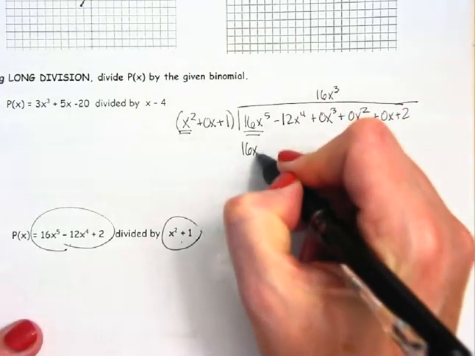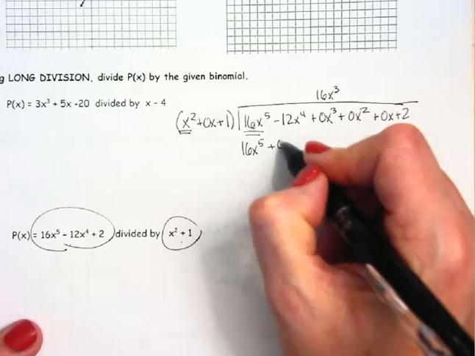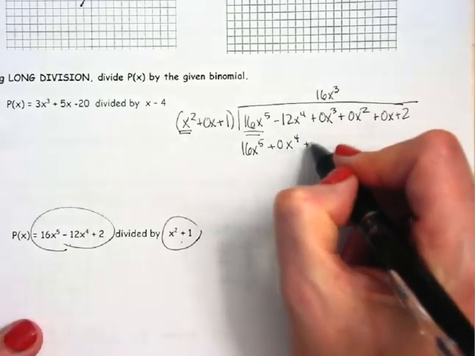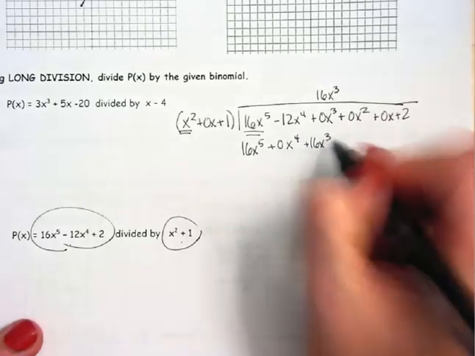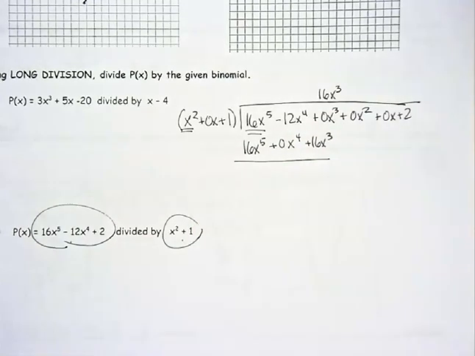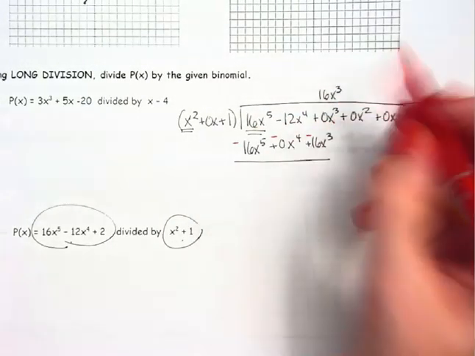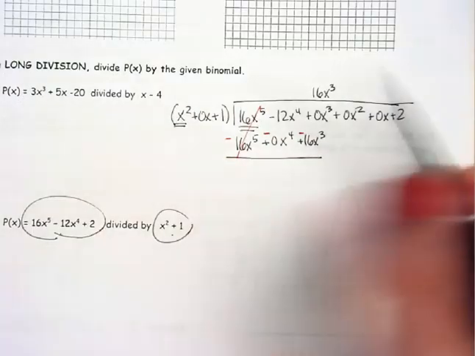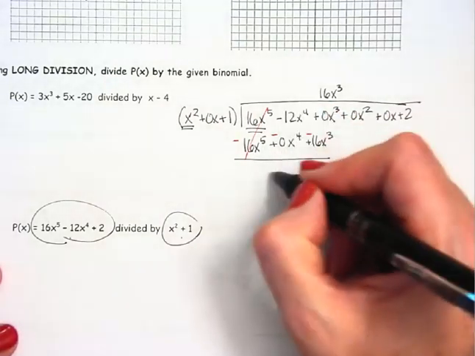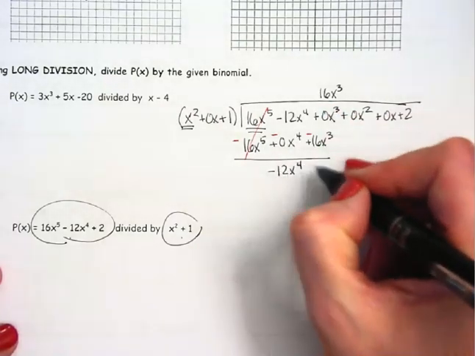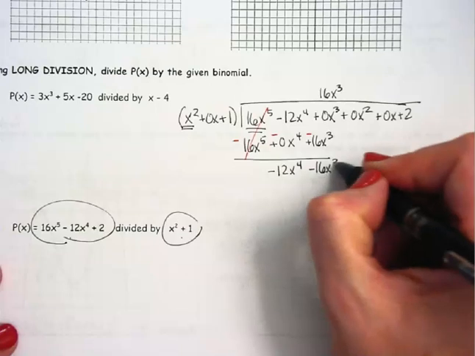So 16x5 plus 0x to the 4 plus 16x cubed. And I'm going to subtract off everything in that row. So that means changing the signs of everything. These cancel. I add here negative 12x to the 4 minus 16x cubed.